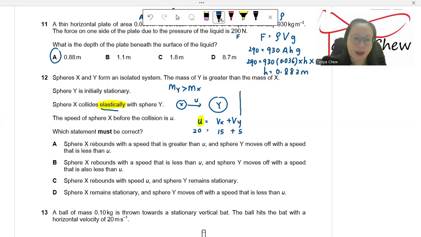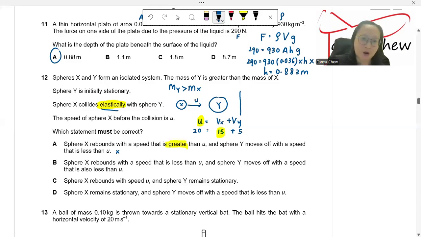Therefore the speed of X rebounding cannot be greater than u, because it must be added with the speed of Y, which is equal to u. This is wrong. A cannot be your answer.